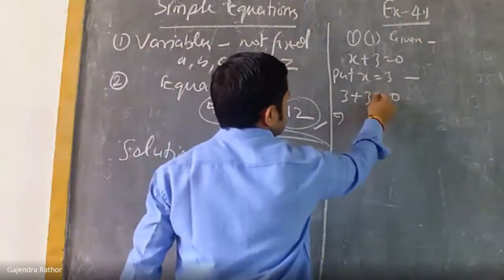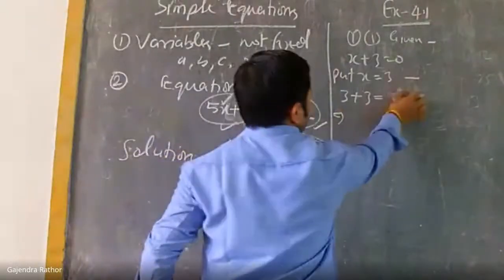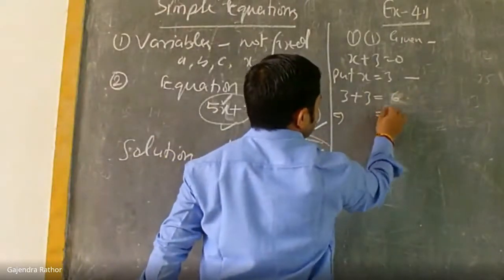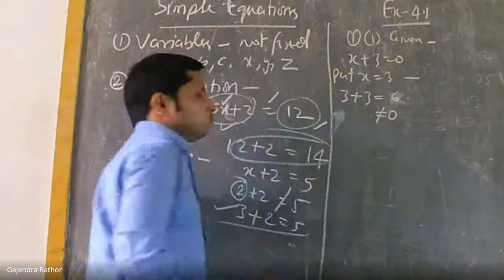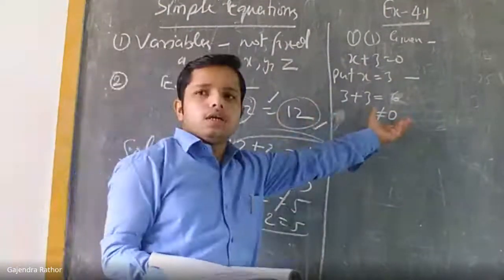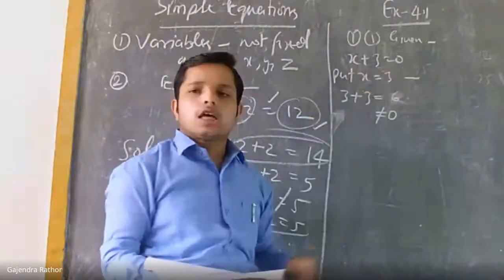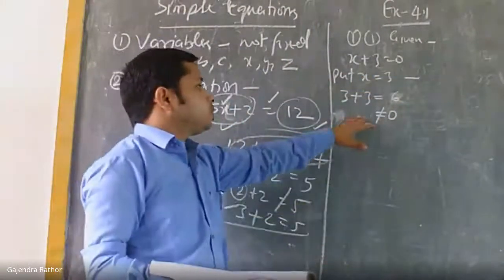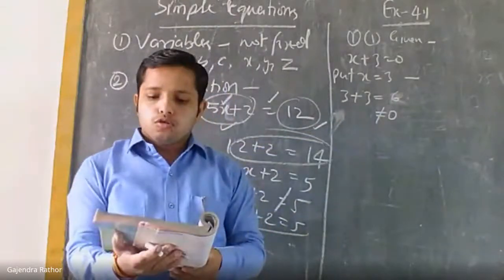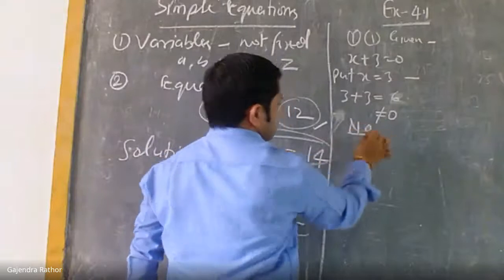Again, 3 plus 3 is equal to 6, but it is not equal to 0. So when we put x equal to 3, the sum will become 6. But in the RHS, the given value is 0. That is not equal. So our answer is no in the fourth column.